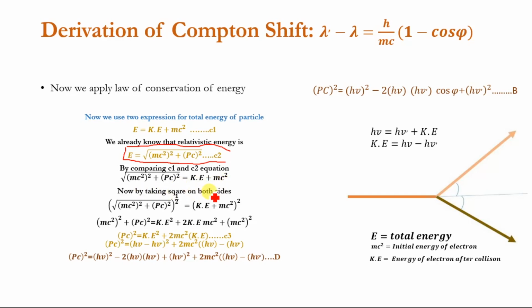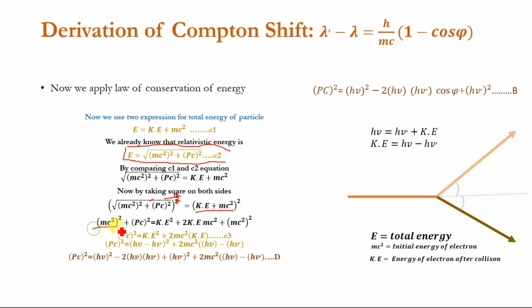Now by taking square on both sides, we will get mc square whole square plus pc whole square is equal to, now again the a plus b whole square formula, ke square plus 2 ke mc square plus mc square whole square.